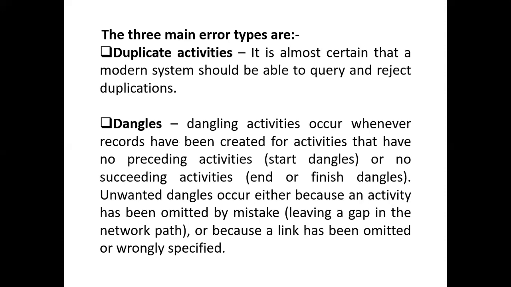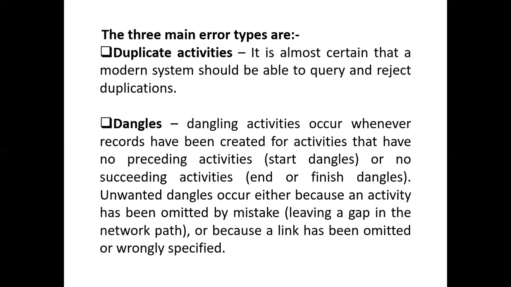As maybe I've discussed in other subjects like project planning and management, the only accepted dangles in network diagrams are the head and the tail, the start node and the end node. Any other node within the body should not be a dangle.